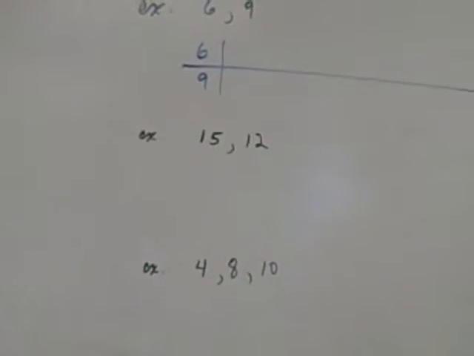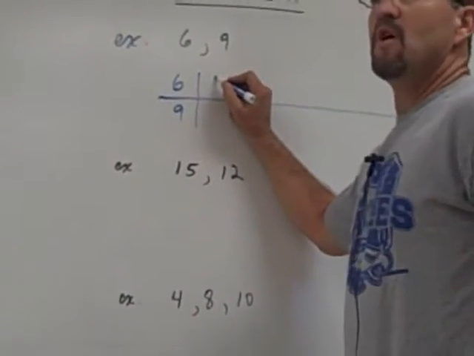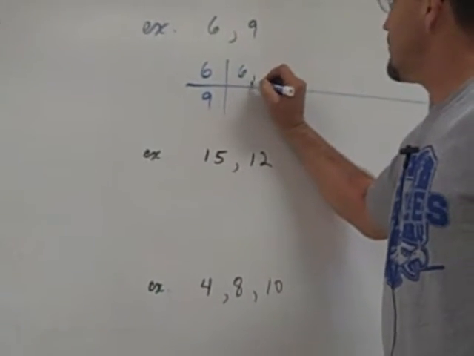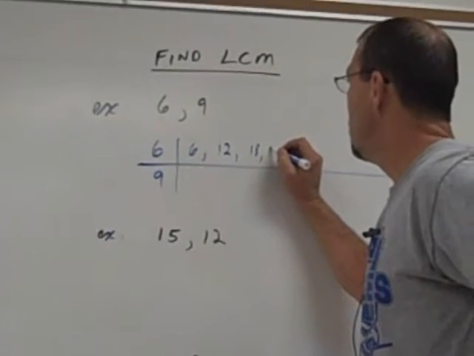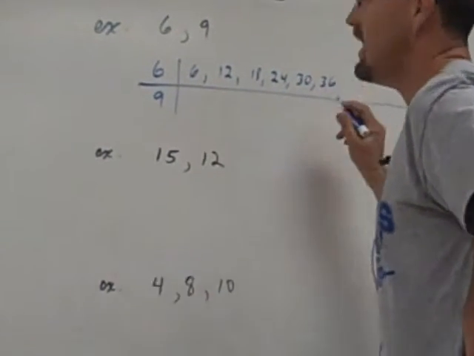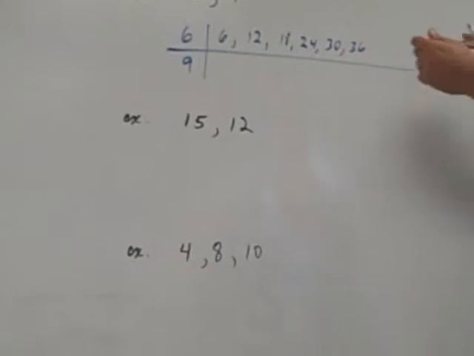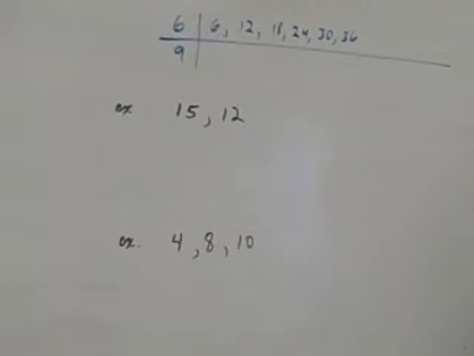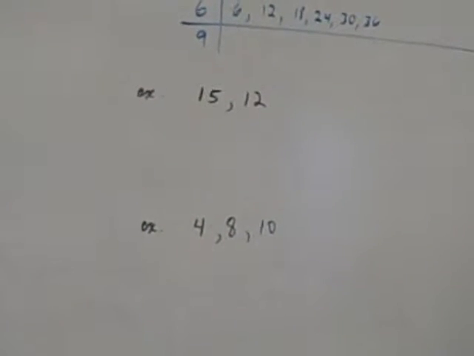Now, we already did 6. What are the multiples of 6? 6, 12, 18, 24, 30, 36. Now, since my list goes on forever, I need to stop sometime and do the other one to see if I found it.